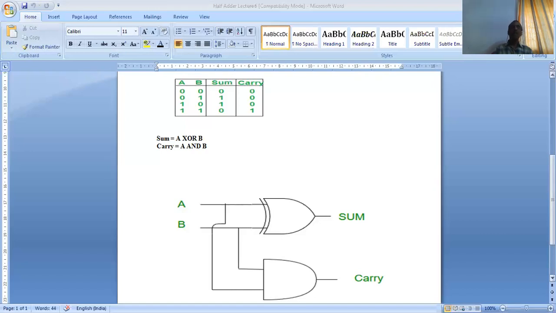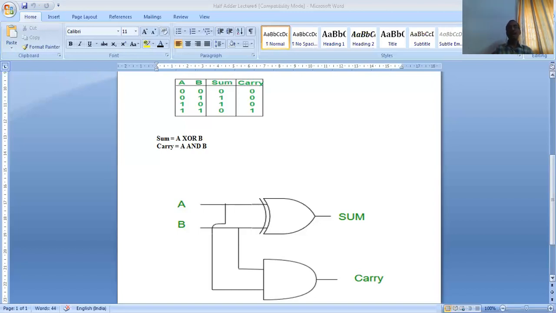Thus, in the first 3 cases, the output of the half adder is like this: sum equal to 0, carry equal to 0; sum equal to 1, carry equal to 0; again sum equal to 1, carry equal to 0.